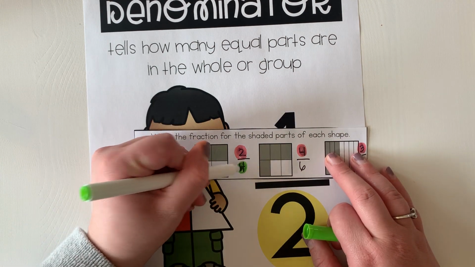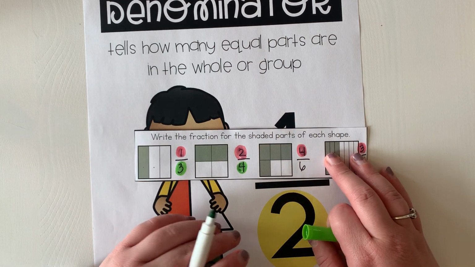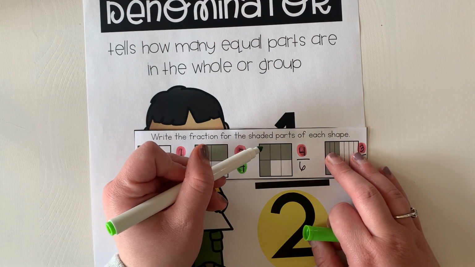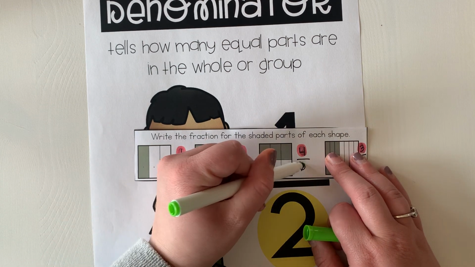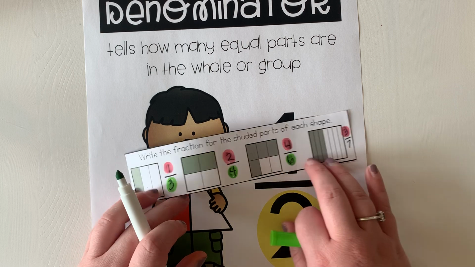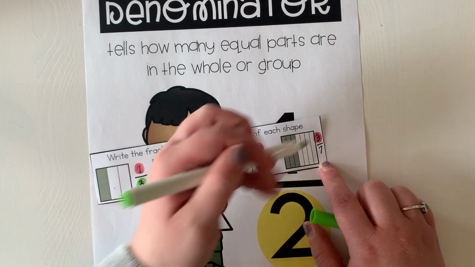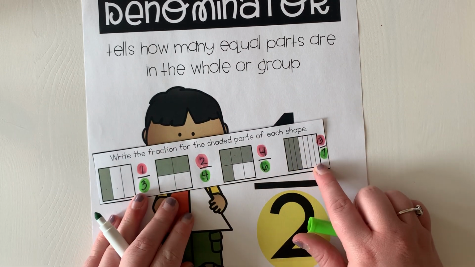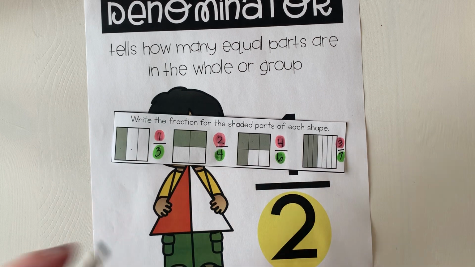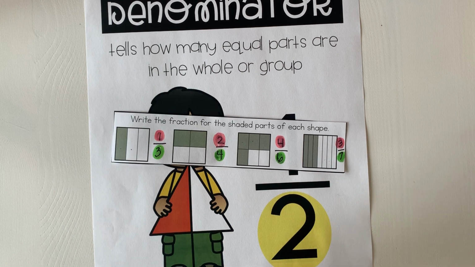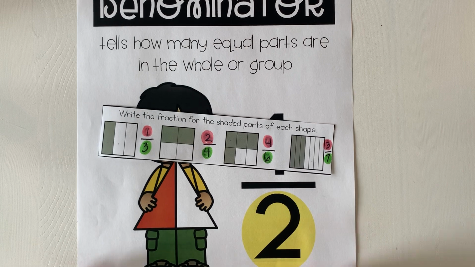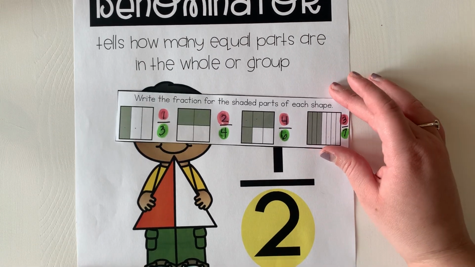This one is 4, because there's 1, 2, 3, 4 pieces of the square. This one is 1, 2, 3, 4, 5, 6. Because there's 6 pieces of that square, and this final one is split into 7 pieces, so the denominator is 7. So the bottom number, the denominator, tells us how many total pieces there are.